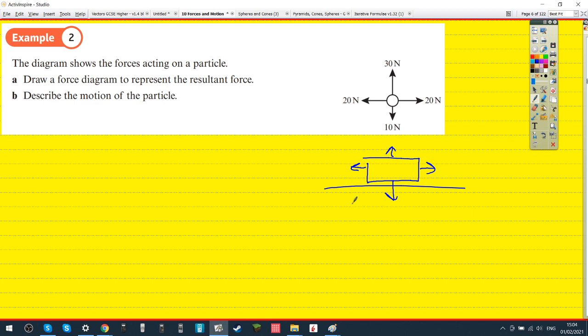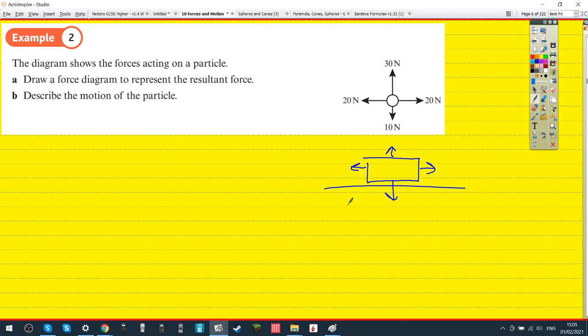And what would be the motion of the particle? I'm not entirely sure what they mean by the motion of the particle. Will it move left? Will it move right? I'm assuming move right.